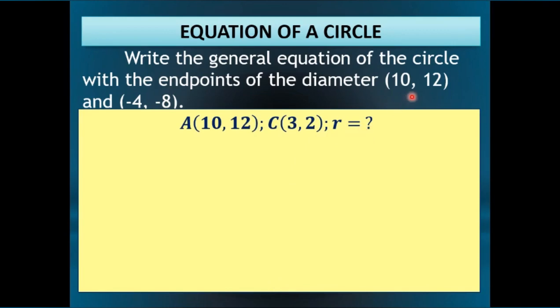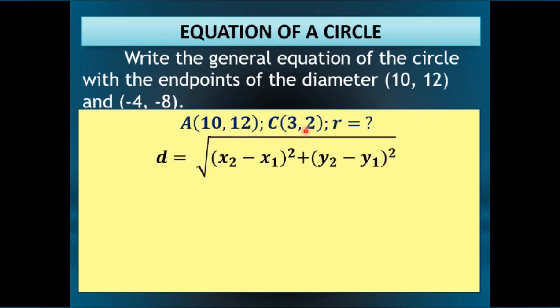Since we have 2 given endpoints, let us first use (10, 12) to identify the length. We have one of the endpoints and the center, so we can again use the distance formula in identifying the radius.